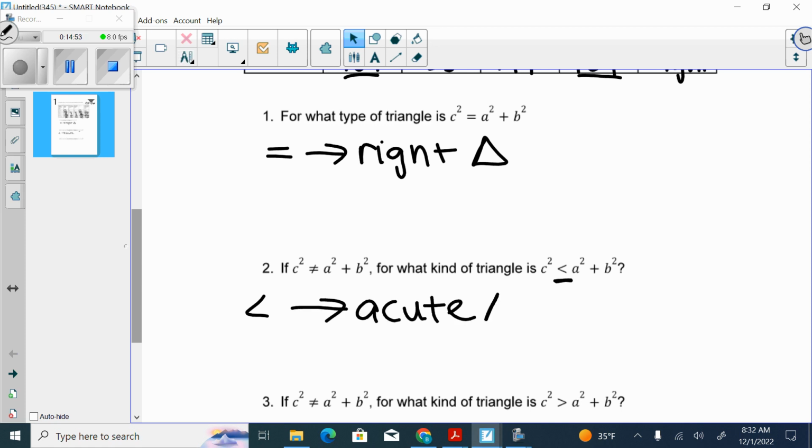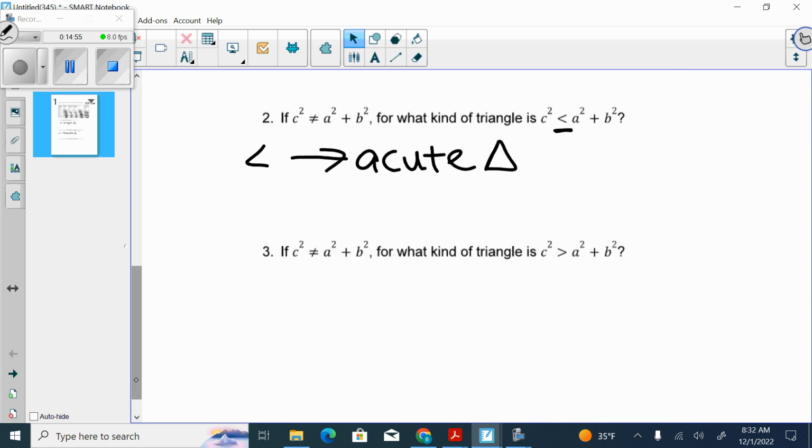Good. And when C squared is greater than my A squared plus B squared, that tells us we have obtuse. All right. So you're going to solve using Pythagorean theorem. You just don't know if it's going to be equal to, less than, or greater than. So you'll actually have to simplify using Pythagorean theorem, square the numbers, and see. Is it less than, greater than, or equal to?